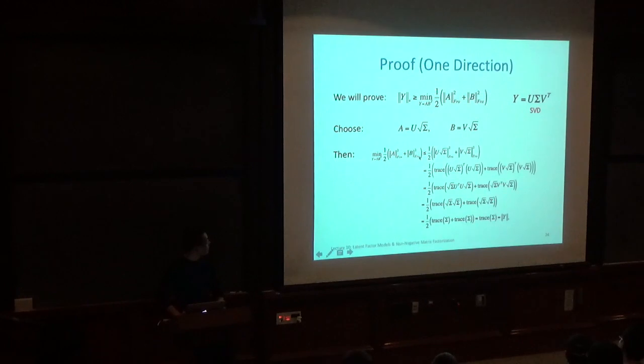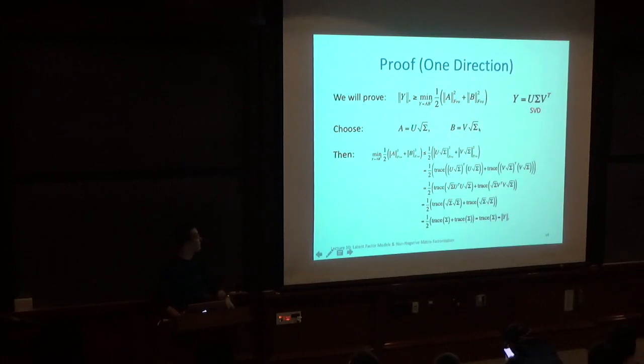So the minimizer must be less than or equal to this, by our choice. Sorry, I changed the notation to A and B because U and V are typically used to denote the U and V matrices in the SVD.